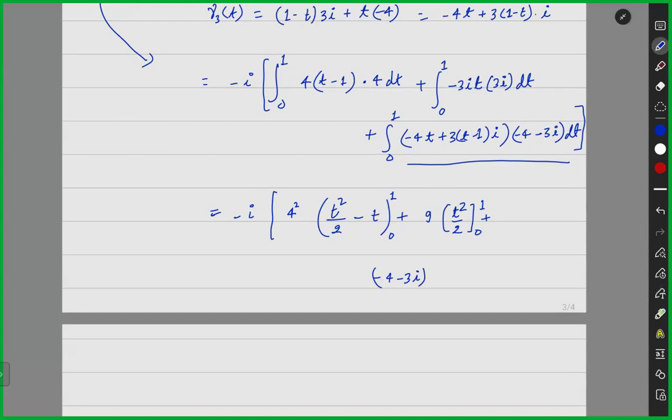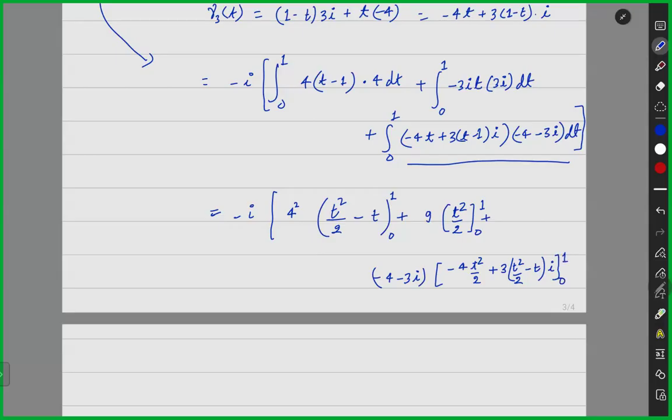Minus 4t becomes minus 4t. Okay. So inside we have minus 4t square by 2 plus 3t, which becomes plus 3t square by 2. Minus 1 becomes t, and i as it is, 0 to 1 this integral.